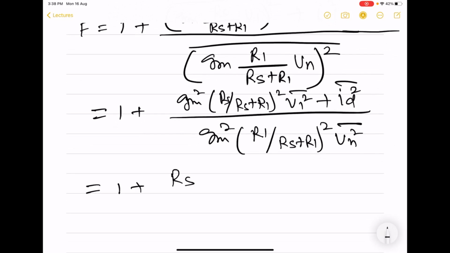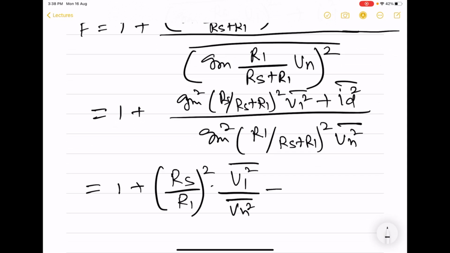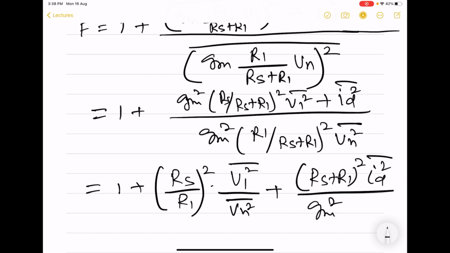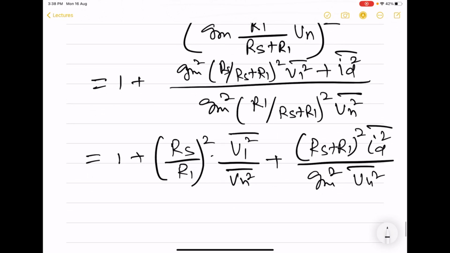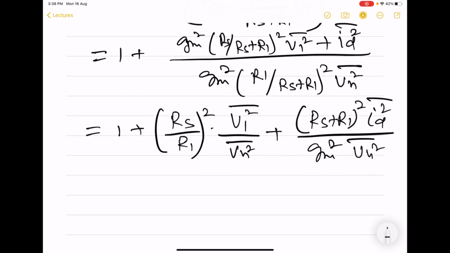So here we get (RS plus R1) whole square into V1 mean square divided by Vn mean square, plus (RS plus R1) whole square ID mean square divided by GM square Vn mean square.